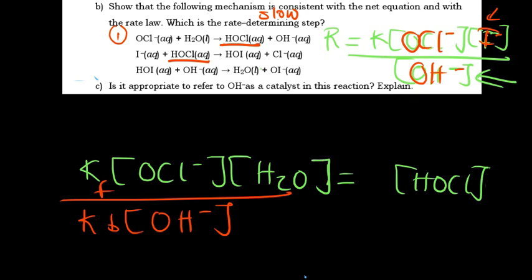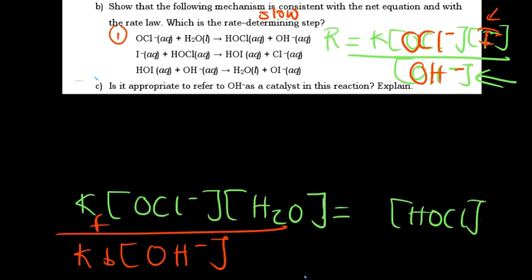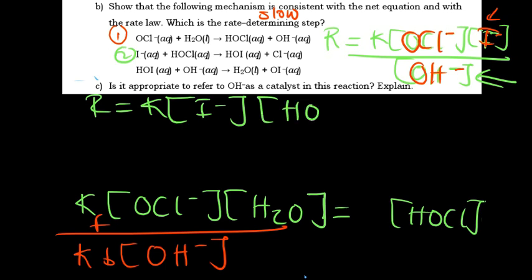So step 1 has given us an expression for what? It has given us an expression for the HOCl by making it the subject, right? Now, in the assumed rate determining step, we said it's step what? Step 2. Now step 2, the rate law for step 2 was what? Rate is equal to k, iodide and then the intermediate HOCl.